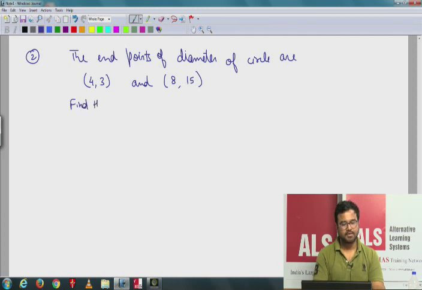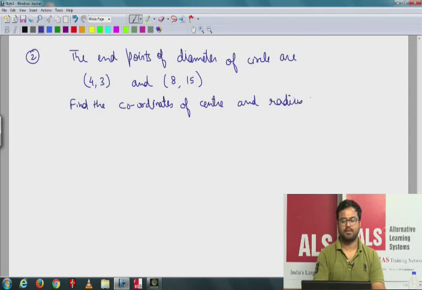Find the coordinates of center and radius of circle.